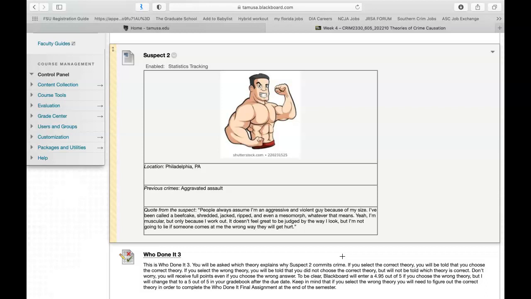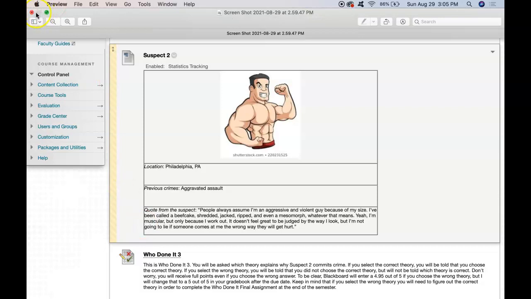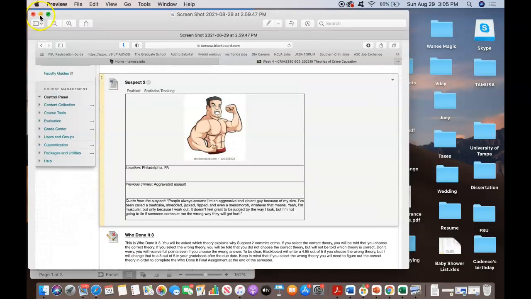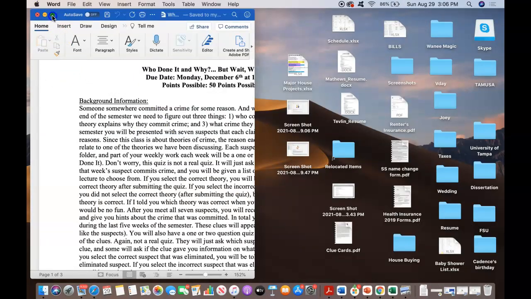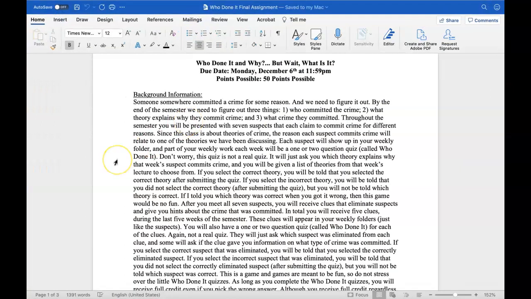So on the exam, you would say, what theory best describes this scenario? And so this would basically be the scenario. So the quote from the suspect is going to be the scenario, and this quiz is going to ask you what theory describes this scenario right here. And that's it. So that's all you need to do in order to get full points, in order to solve that part of the quiz.